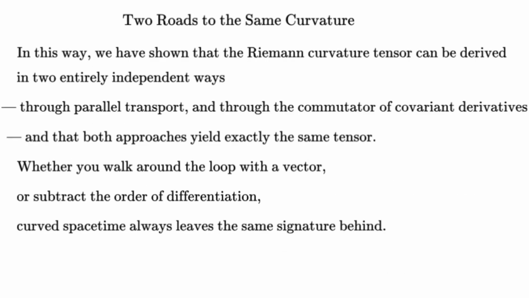Two roads to the same curvature. In this way, we have shown that the Riemann curvature tensor can be derived in two entirely independent ways, through parallel transport, and through the commutator of covariant derivatives, and that both approaches yield exactly the same tensor. Whether you walk around the loop with a vector, or subtract the order of differentiation, curved spacetime always leaves the same signature behind.